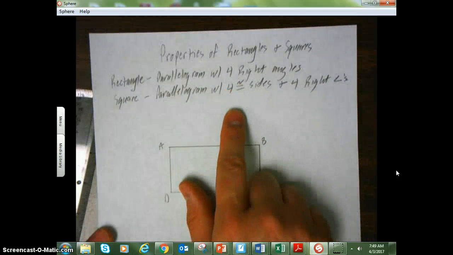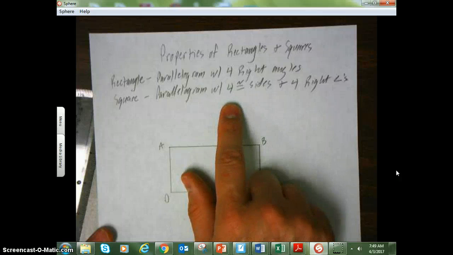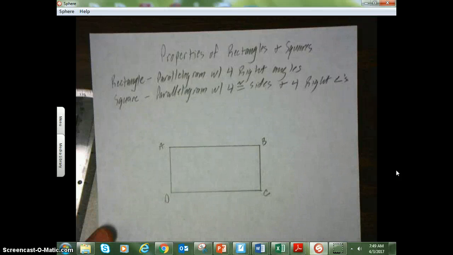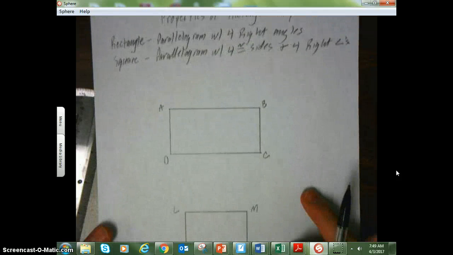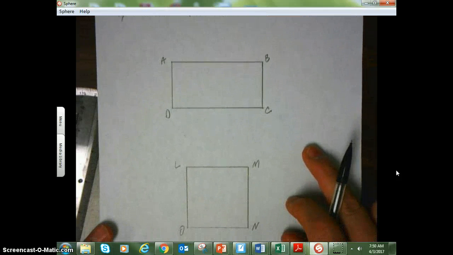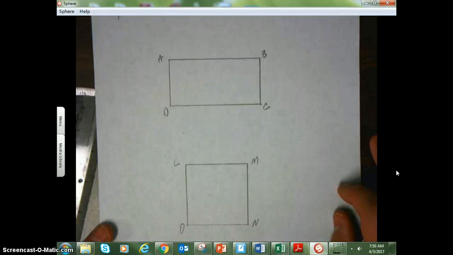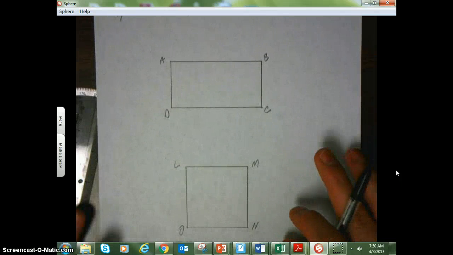The rectangle does have four right angles and the square does have four congruent sides and four right angles. I just measured them rather than using my compass and straight edge to actually make the congruent segments and the right angles. But if you're going to follow along with these, make sure you draw yourself a square and a rectangle to begin with, and when you're ready, go ahead and hit play again so you can follow along with what we're going to do.